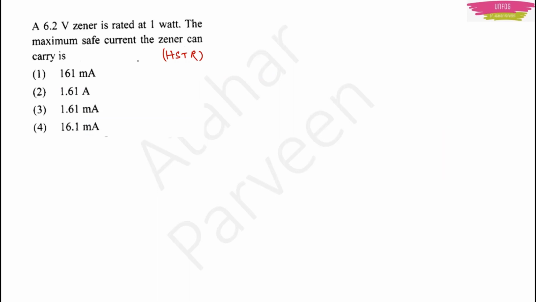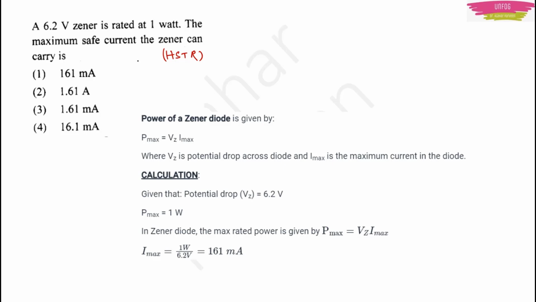Now this is also one HSTR previous year question. A 6.2 volt Zener is rated at 1 watt. The maximum safe current the Zener can carry is... these are the options. Actually, this answer has nothing to do with the Zener diode, because we know from current electricity that power is equal to voltage into current of that material, whatever it is.